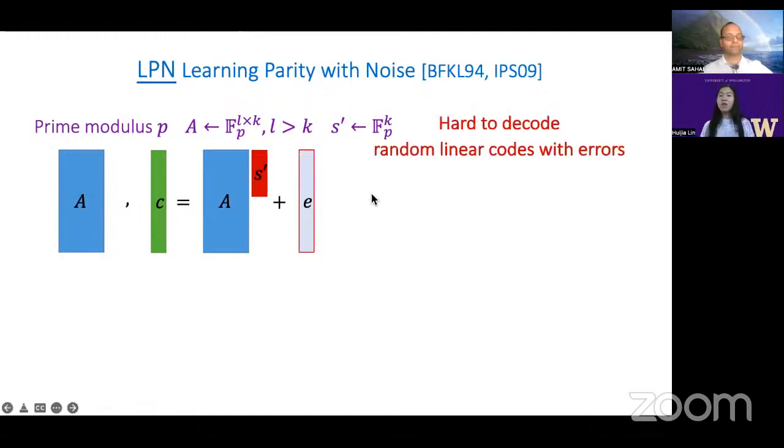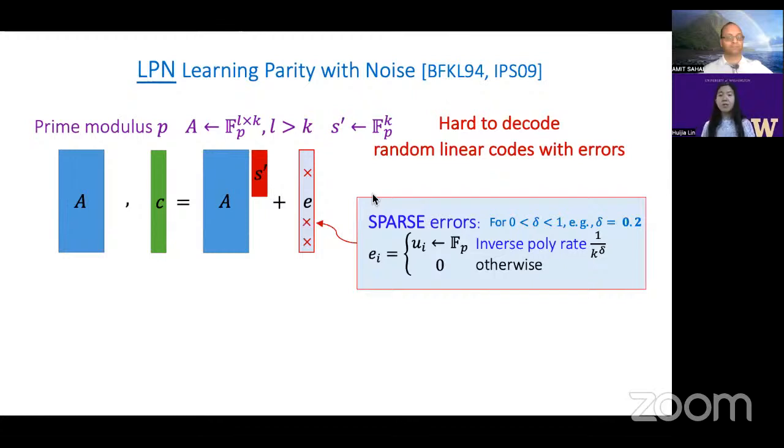LPN states that this problem suddenly becomes hard when we just corrupt C a little bit using very sparse errors. Here, for the sparse error vector, each of the coordinates is sampled independently. In fact, most of the coordinates are simply 0, with only very small inverse polynomial probability, 1 over k to the delta, where k is the dimension of the secret, and delta is a constant between 0 and 1. Let's think about just delta equals 0.2. With only this very small probability, a coordinate is non-zero.